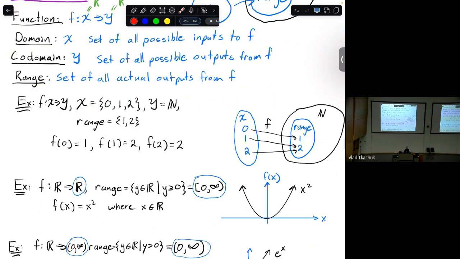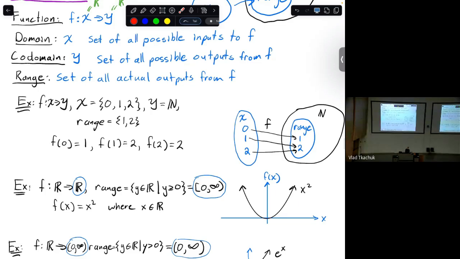A super easy way to define a function is, for every single possible input it could take, every value of the domain, to tell me its output behavior. This is great when you have a small domain, but it's going to be a problem when the domain is very large.